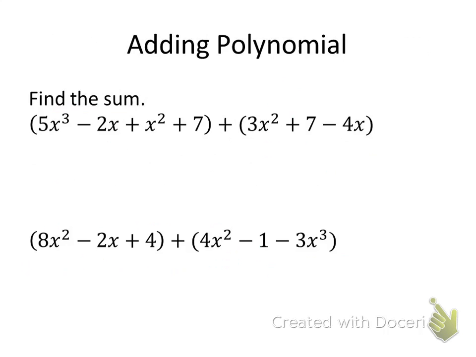So now, let's get into doing some work with these polynomials. What they want us to do is find the sum, or add, these 2 polynomials together. The main thing that you have to remember here is like terms. You have already learned about like terms.